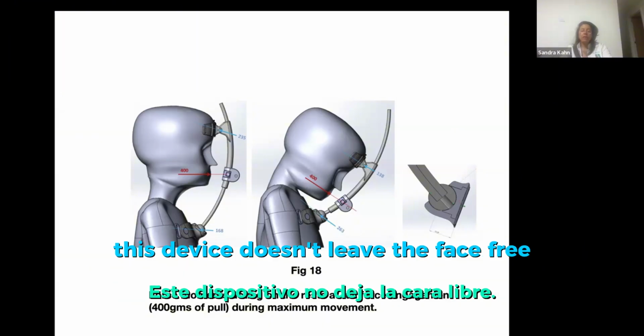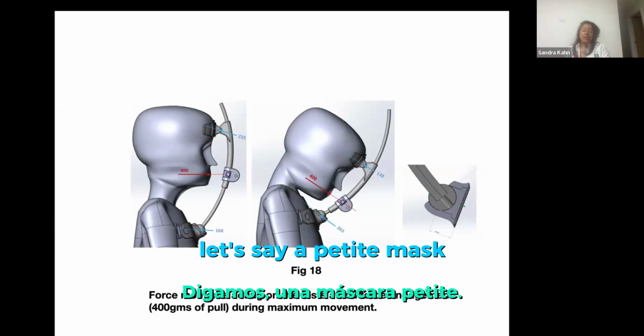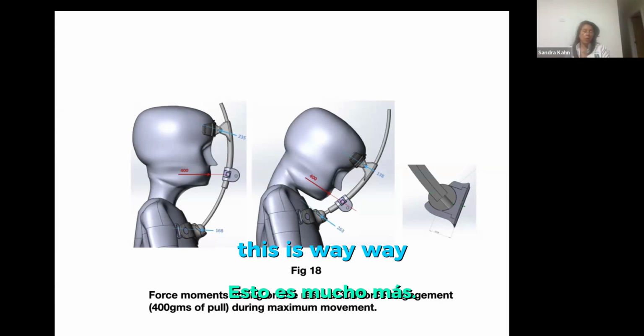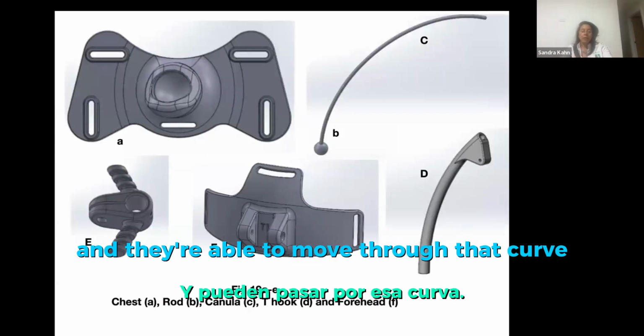This device doesn't leave the face free. So the patients that have worn, let's say, a petite mask, when we change them to this, they go like, wait, this is way, way more comfortable than what I was wearing before. And they're able to move through that curve.